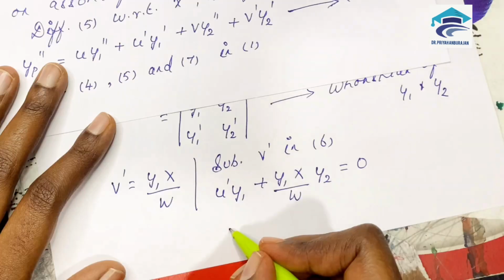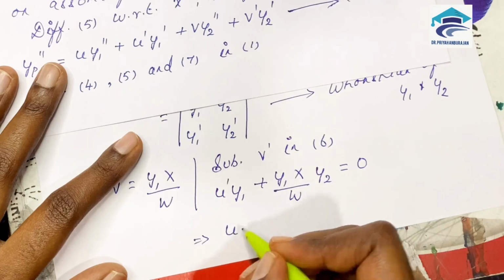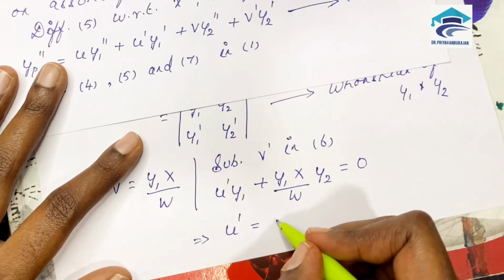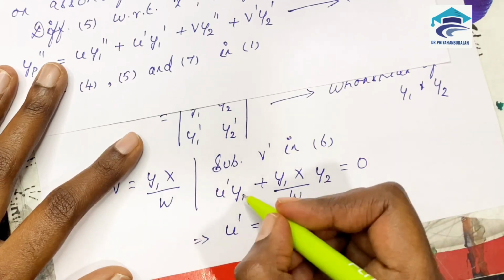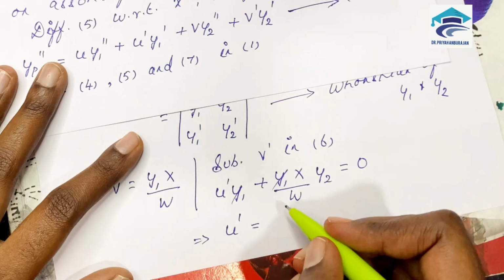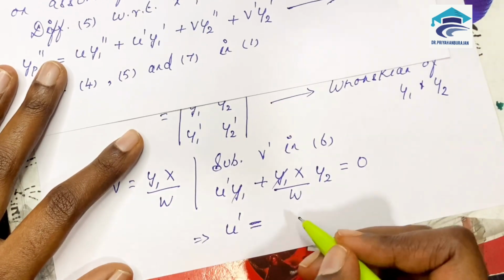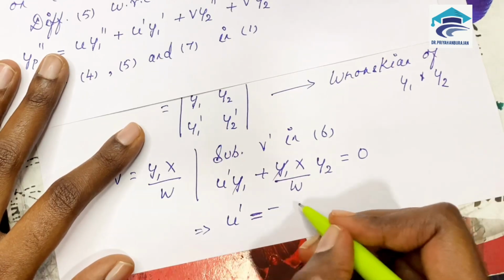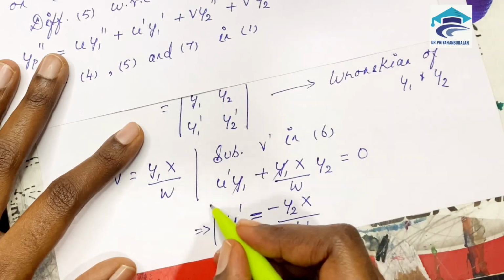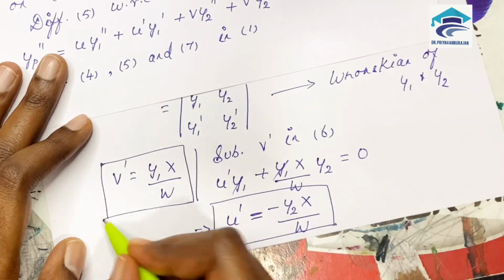So this implies u dash is equal to, so here I can cancel one y1, and the rest of the term I can take to that side. That is u dash is equal to minus y2x by w. So I have my u dash here, and this is my v dash.